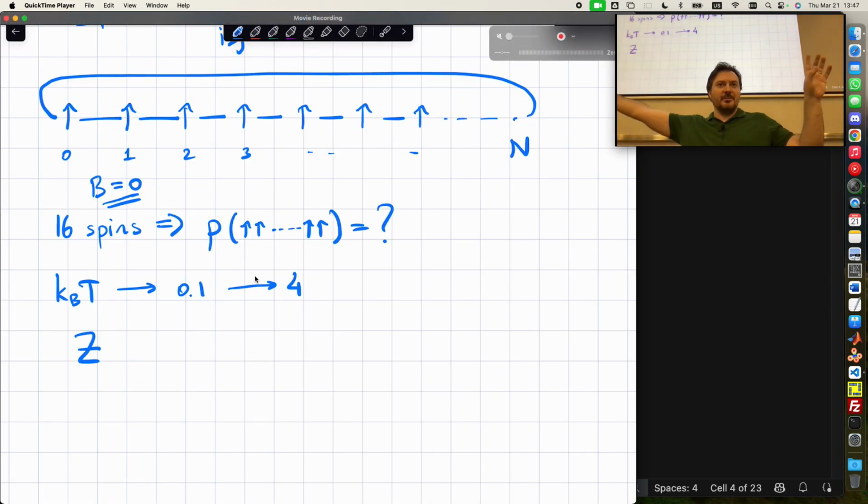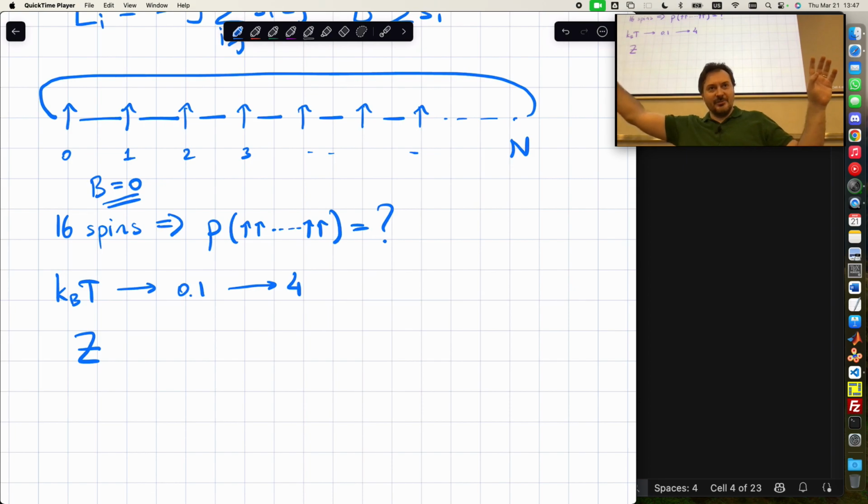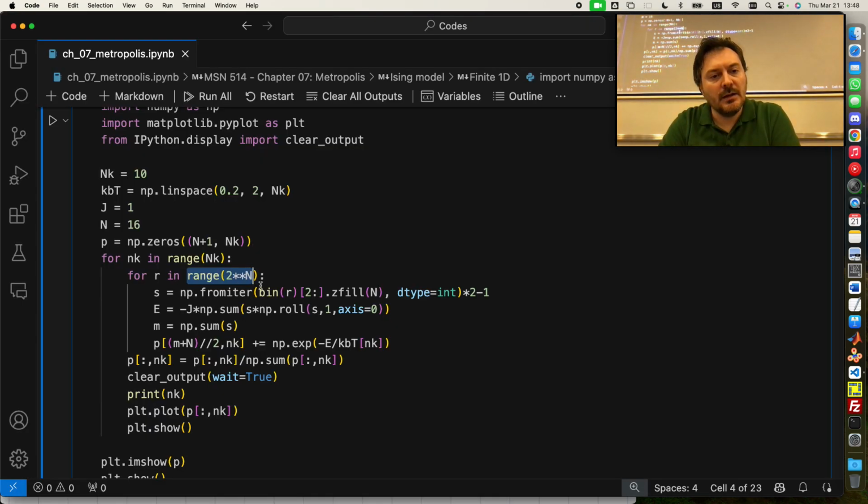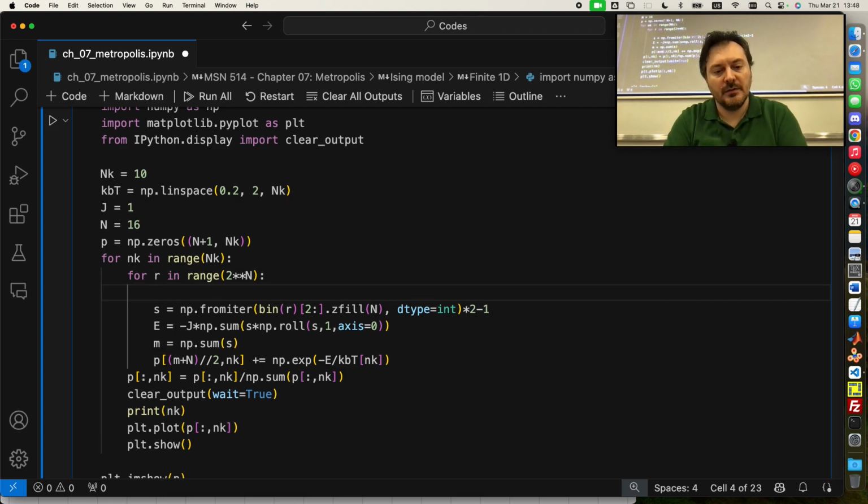Up, up, up, up, up, up, up, up, up, up, up, up, down, up, up, and so on. You get it. I go over every one of them, and basically this one is creating this line here, although it seems complicated. It's basically creating binary and then turning it into a spin configuration.